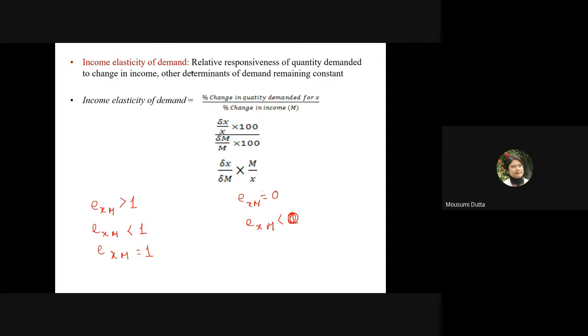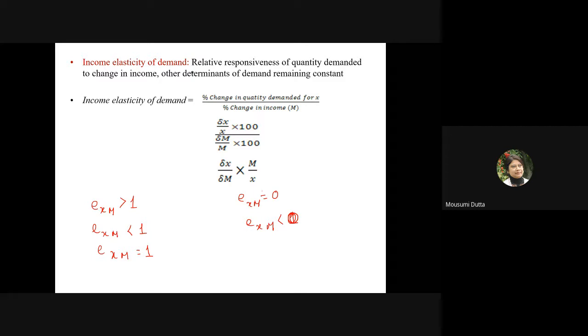Okay, now if EXM is equal to 1, in that case percentage change in quantity demanded is exactly equal to percentage change in income. Whereas when it is greater than 1, percentage change in quantity demanded is greater than percentage change in income.